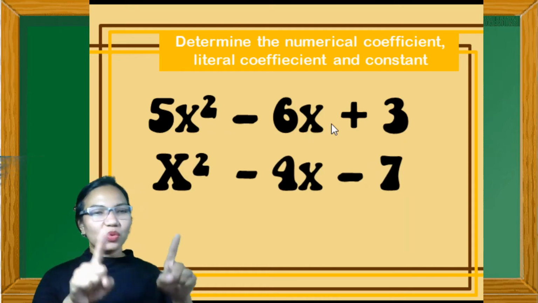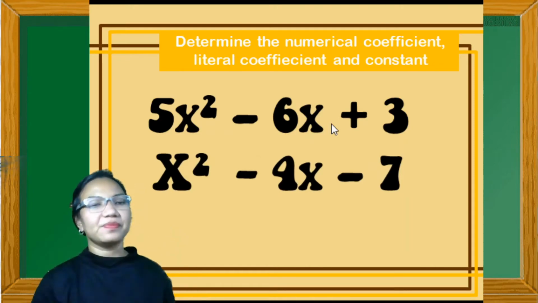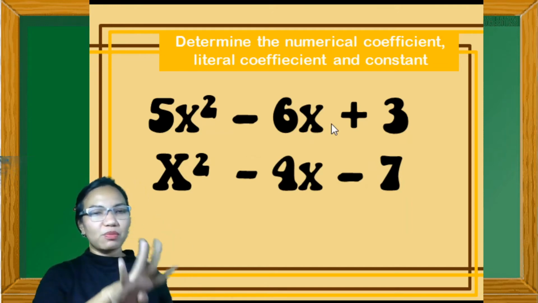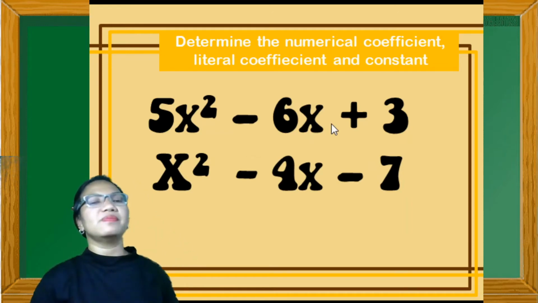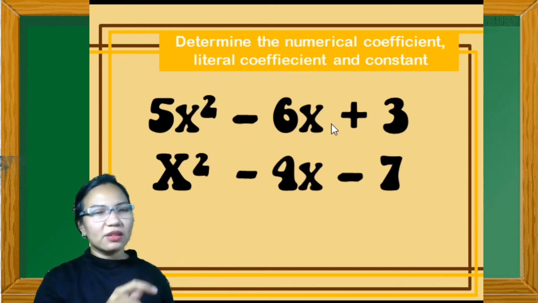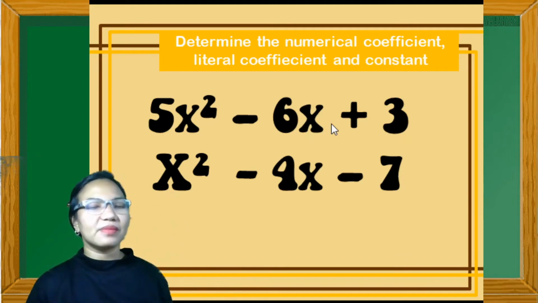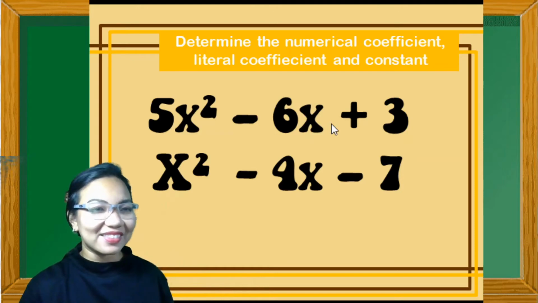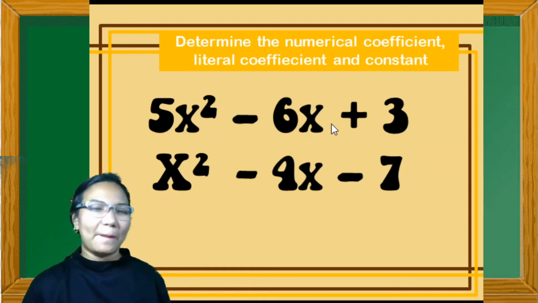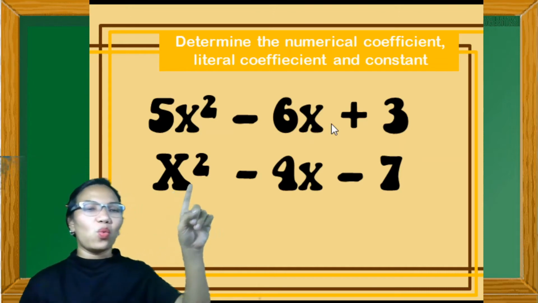Okay, let's go now to the second polynomial. x squared minus 4x minus 7. So, what do you think will be the numerical coefficient here in x squared? Answer, what? Best. Correct. That is 1.